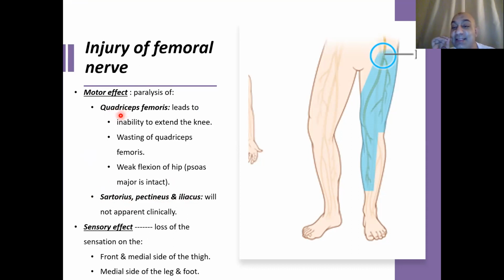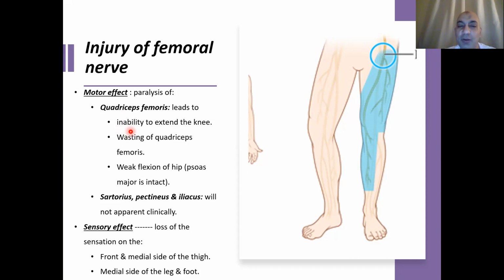We only see the injury of quadriceps femoris because this muscle is the only extensor of the knee joint. So if there is paralysis of quadriceps femoris, the patient develops inability to extend the knee joint.